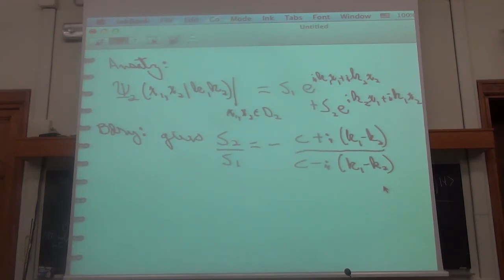So the boundary condition has fixed the ratio between these two different linearly independent parts of the wave function, these two free waves that we have here. So the interaction essentially sets the way the momenta have to be distributed in amplitude, or if you want, the amplitudes of the different momentum permutations have to be related to each other.